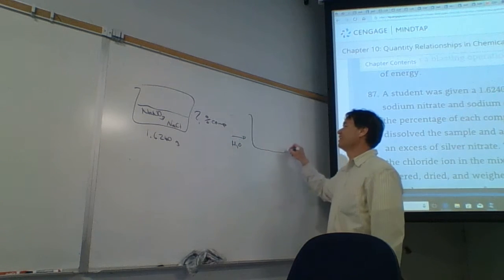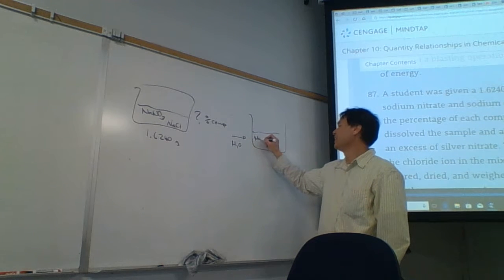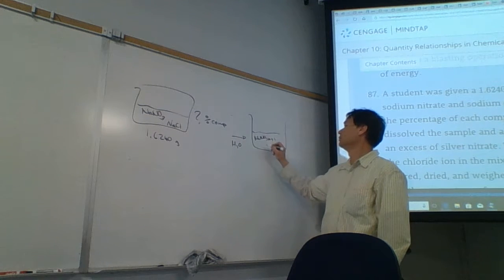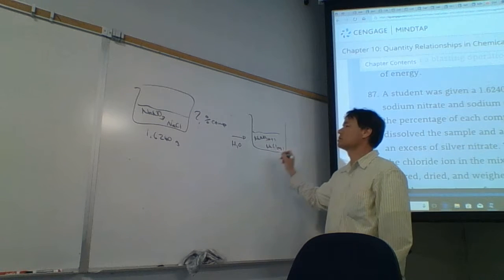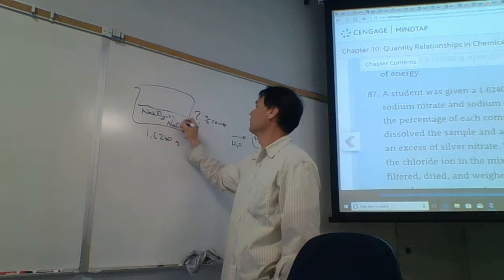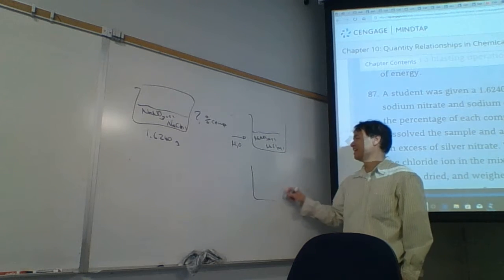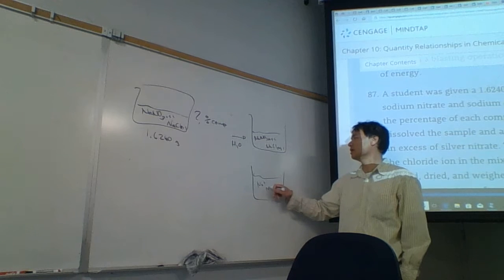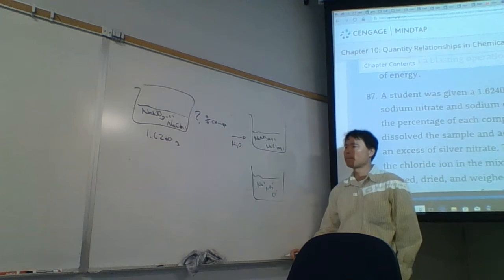Well, if I add water, then I'm going to get sodium nitrate (aq) and sodium chloride (aq). This is solid, and here, this is solid. And so we know that it's going to contain sodium ions, nitrate ions, and chloride ions, and water molecules as well.